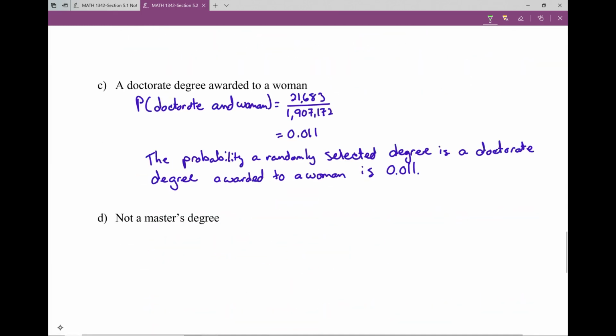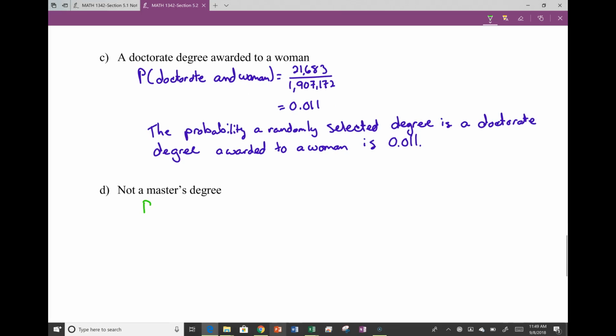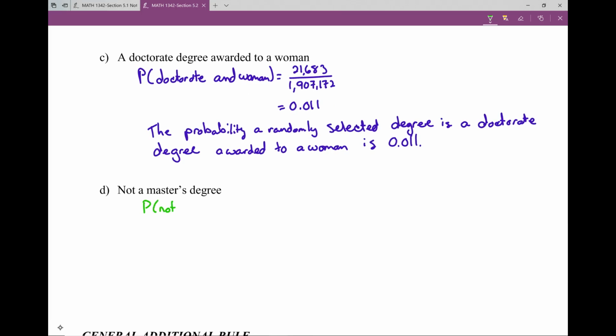So whenever I come down here and I look at the probability that it's not a master's, that's equivalent to the probability of a bachelor's plus the probability that it's a doctorate. You'll notice that I do not do any subtraction because there's no overlap. There's no item that can occur at the same time.